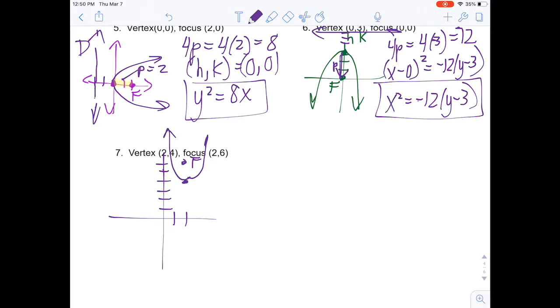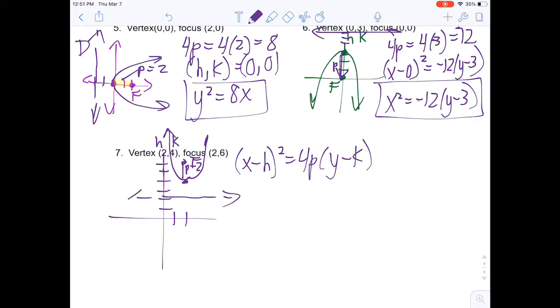An up or down one is going to be x minus h squared equals 4p times y minus k. That part should not be squared. So here's our h, here's our k. The p is going to be 2. P equals 2. We can go down to right here. There's our directrix.